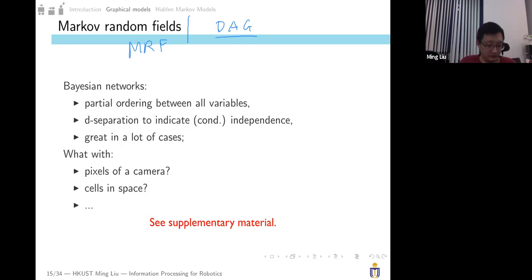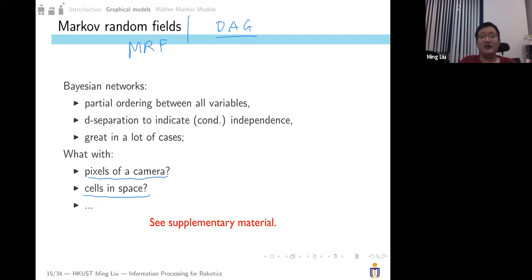The Markov random field itself is also a network, with a partial ordering between all variables, and d-separation indicates the conditional independence, similar to a DAG. Then there are the cases of pixels of a camera or the cells in space.